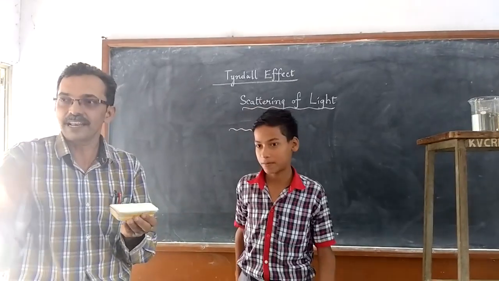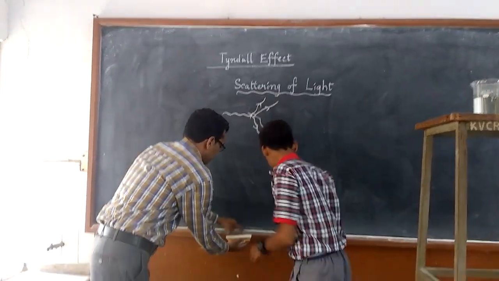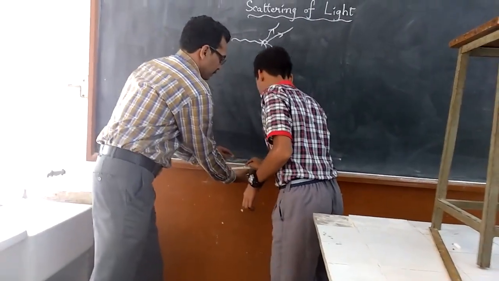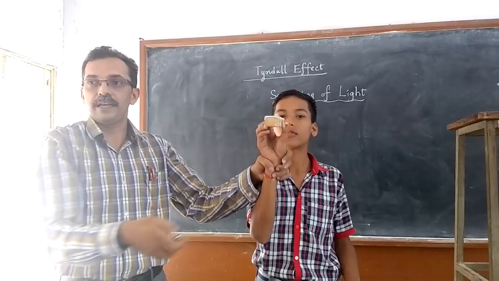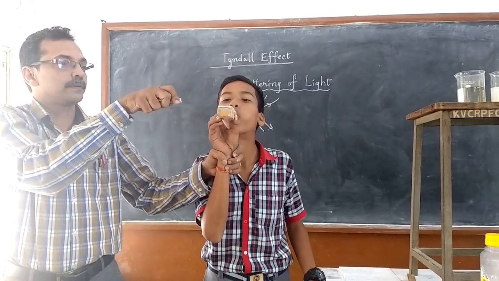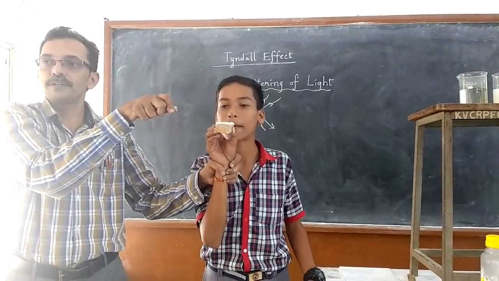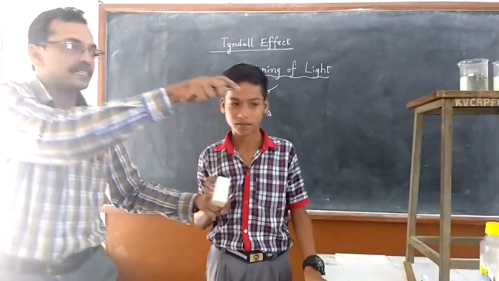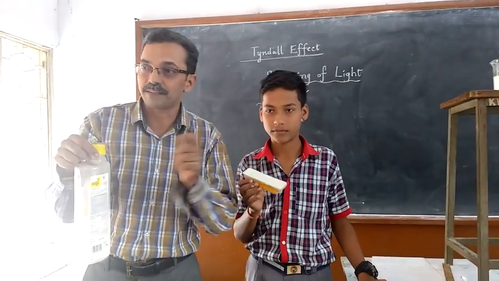Let us collect some more dust. He is going to blow the air once again. Can you see? Yes, sir. In the first case, I collected some smoke in the bottle and we could see the path of the light.